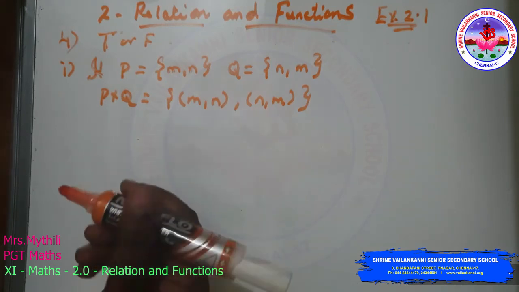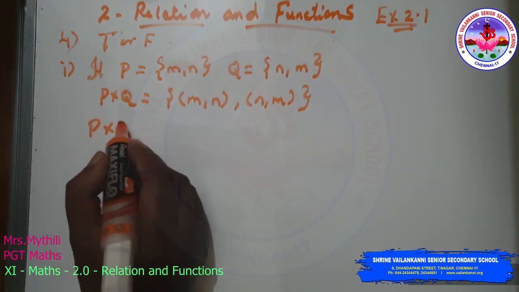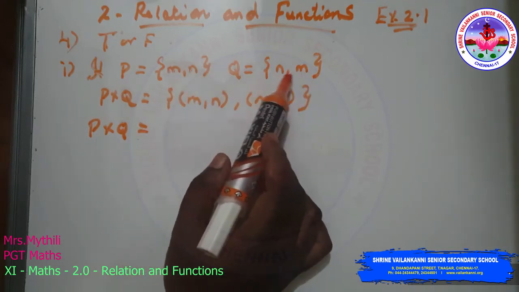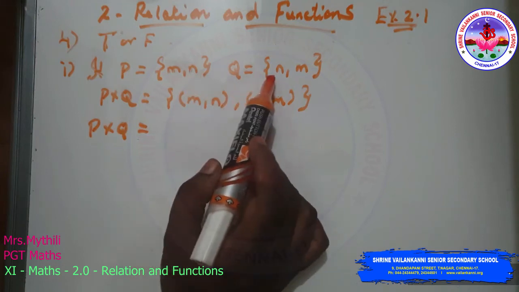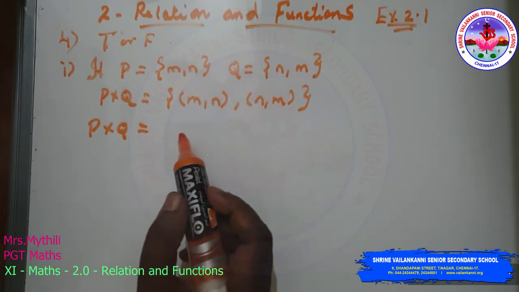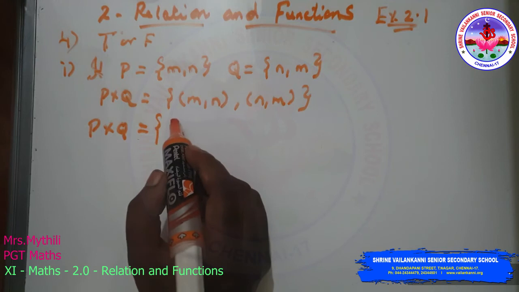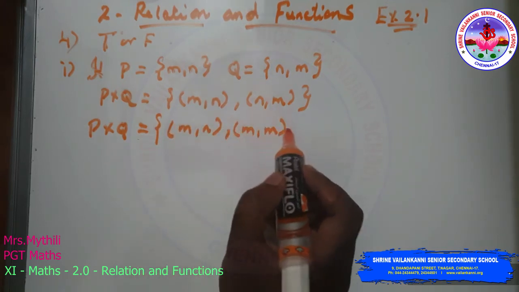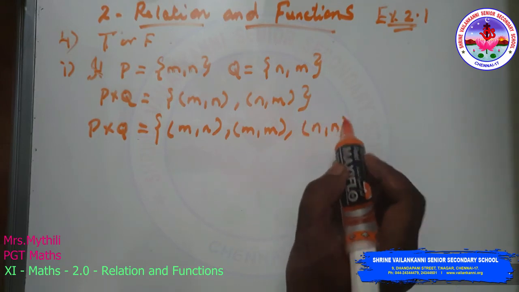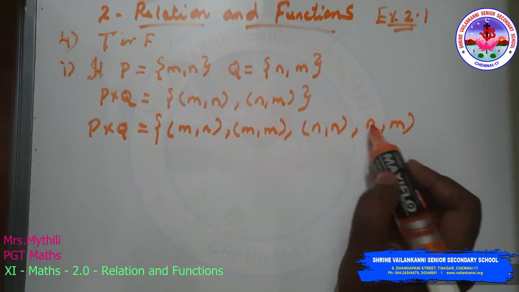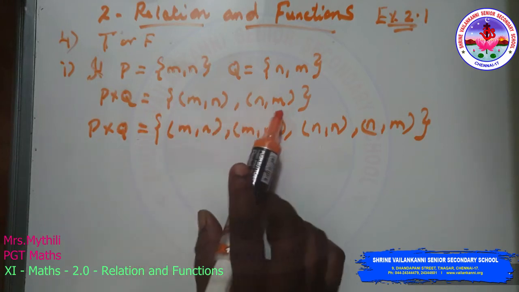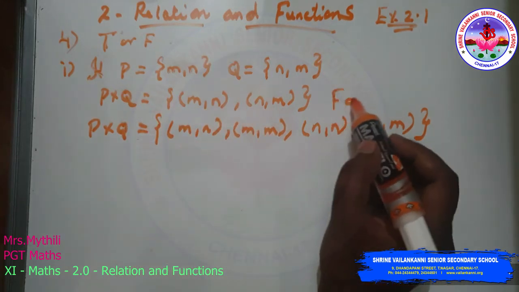So it's false, because for P cross Q, the first element with the 2 elements of Q and the second element with the 2 elements of Q have to be written in ordered pairs. That is (m, n), (m, m), (n, n), (n, m). So these are the ordered pairs of P cross Q, but it's given as (m, n) and (n, n). So this statement is false.